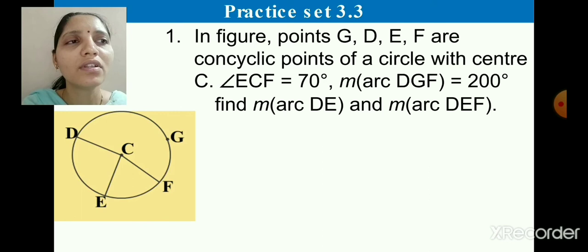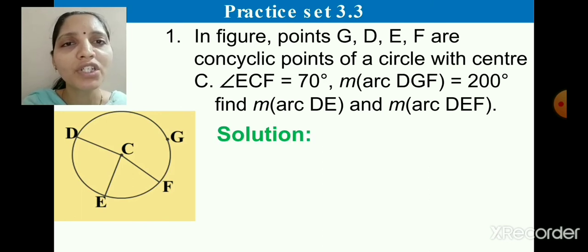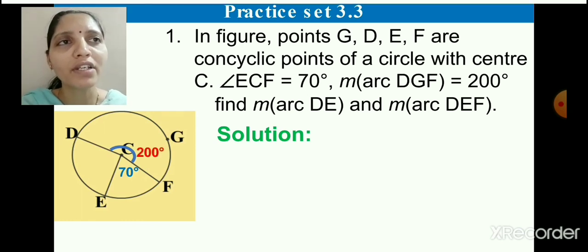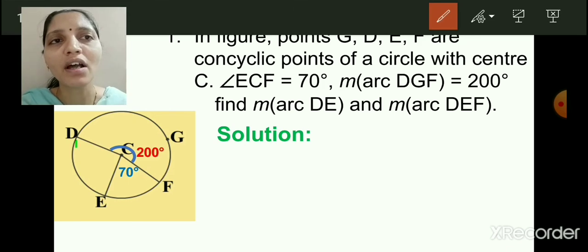So let's first understand the question. In this question, angle ECF is given as 70 degree and major arc DGF is given as 200 degree. And you have to find out major arc DE and major arc DEF.